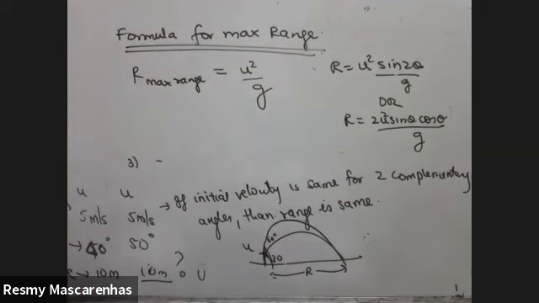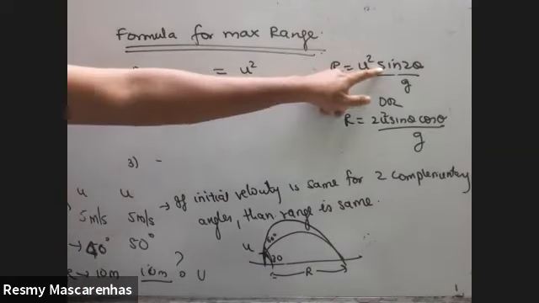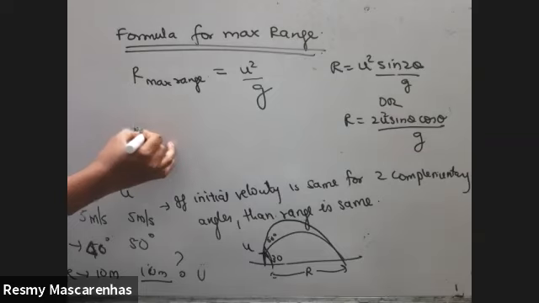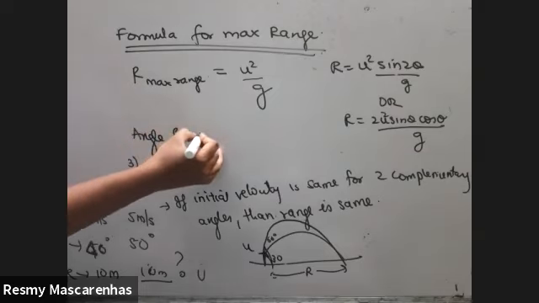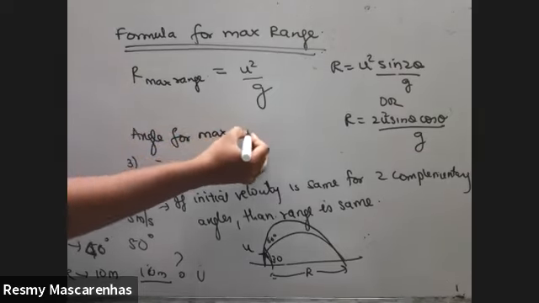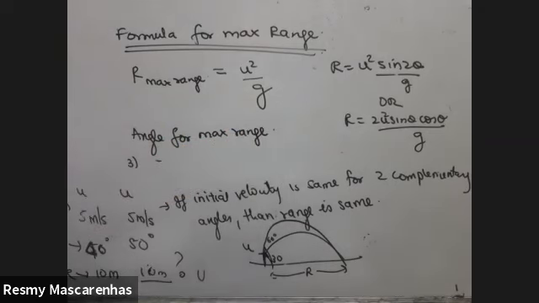So that's like for the maximum angle it can cover, maximum range. So what is the value of sin theta here? So we'll check the angle for maximum range. How much will be the angle if you want to get maximum range?